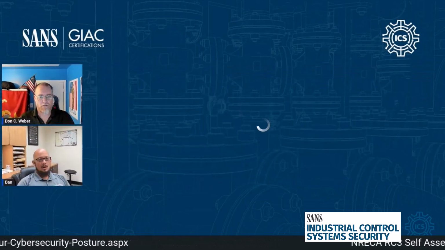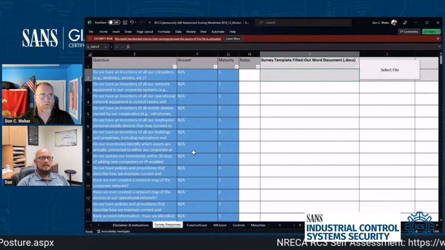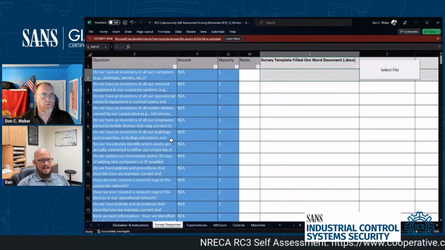The 4 or 5 different topics that are really addressed in the self-assessment are identify, protect, detect, respond, and recover. As security professionals, we should all be very familiar with those terms. It really focuses in on each one of those without getting out of hand, so to speak.